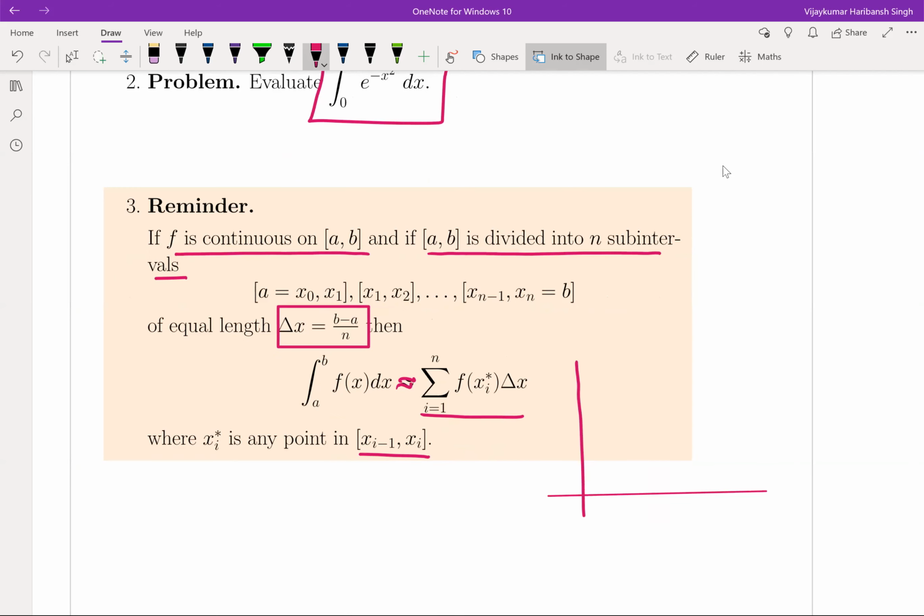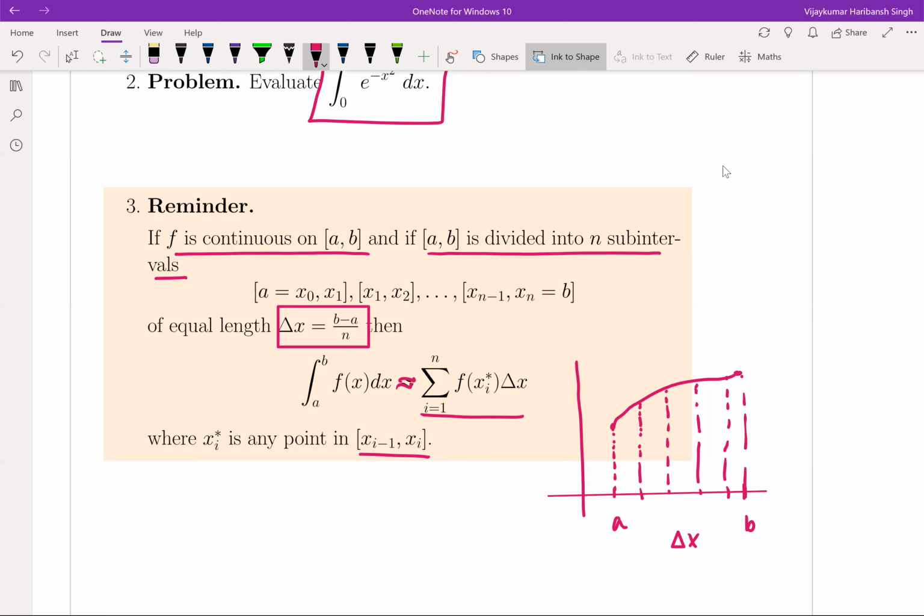An approximation depends on the user. It depends on who defines the approximation. So what we are doing is dividing it into n intervals of equal length, each of width (b minus a) by n.